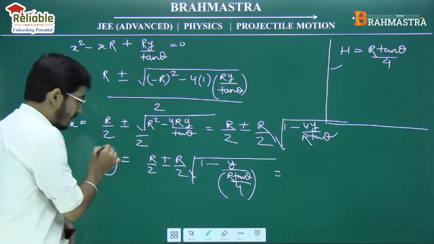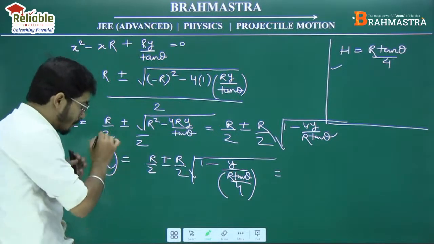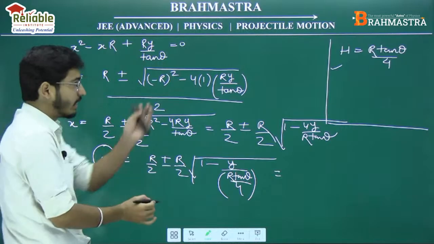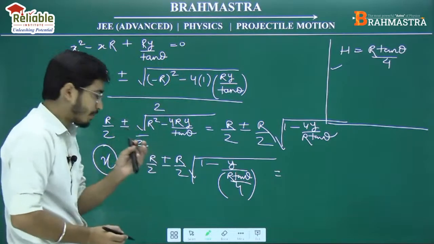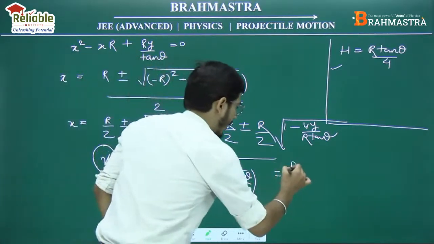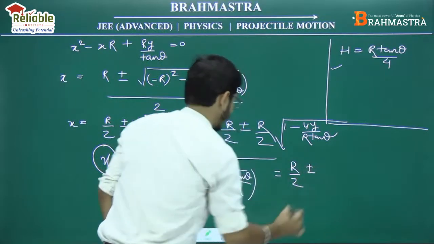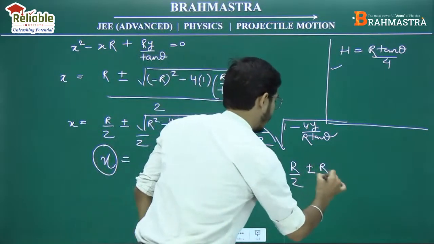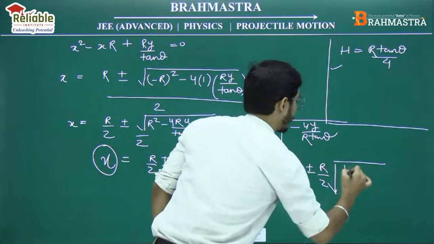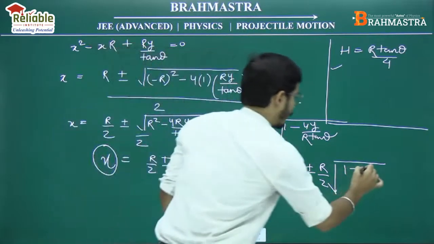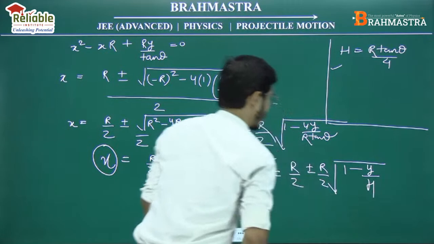This x is the solution of the quadratic equation, and forming it in terms of maximum height was our primary target. So r by 2 plus minus r by 2 under root 1 minus y over h, the maximum height.